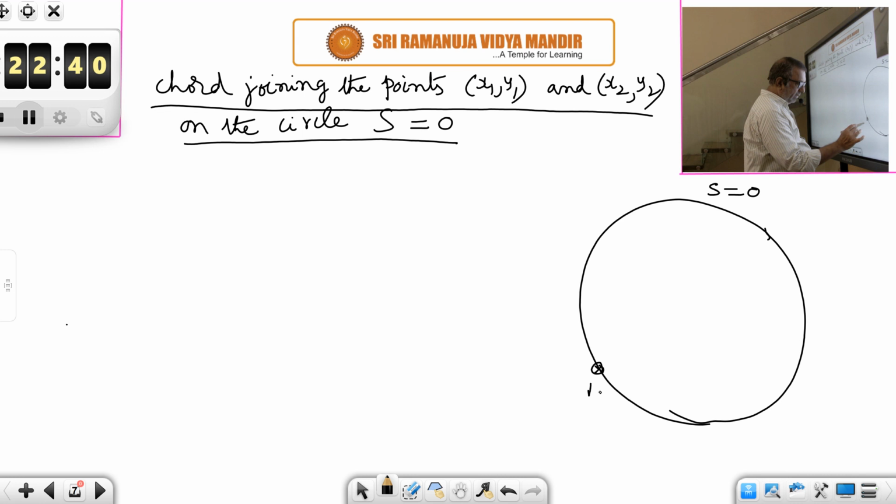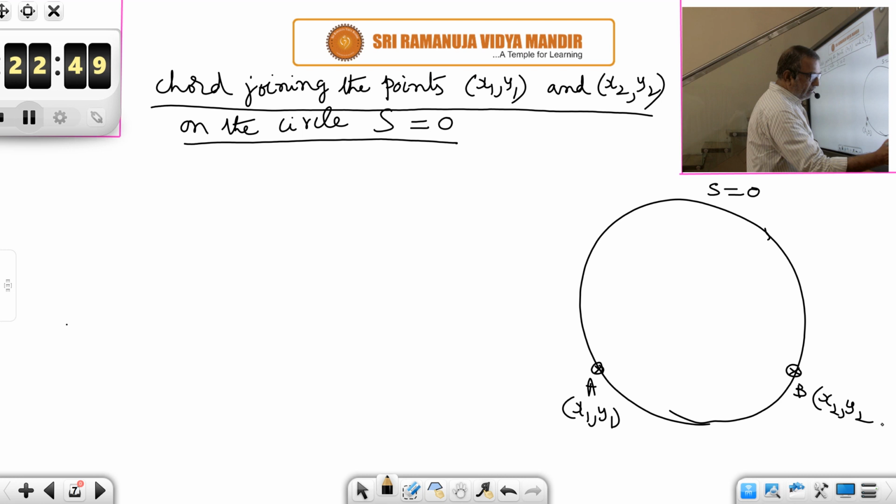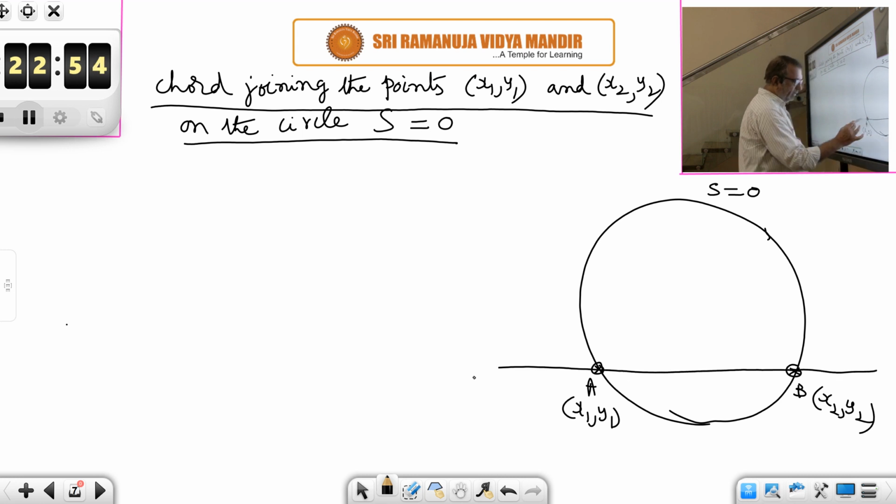Therefore, suppose on the circle there are 2 points, A x1 y1 and B x2 y2. Now, you join the 2 points and extend, so you will get a straight line. It is the chord joining the points x1 y1 and x2 y2 on the circle S equal to 0.